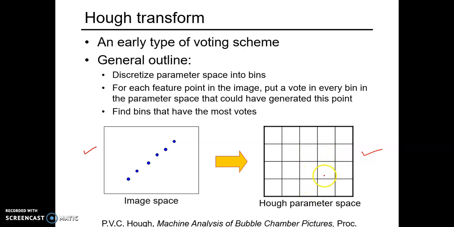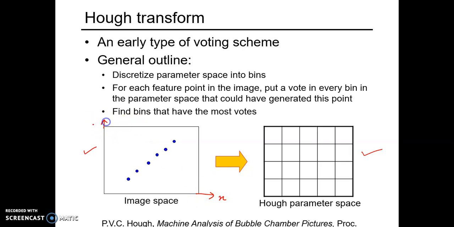What we mean by image space is the image that you are going to analyze. Parameter space means, in order to check whether a line or a curve is present in that image, you need to transform each and every point in that image to a parameter space. The variables representing the image plane are an x-axis and a y-axis.